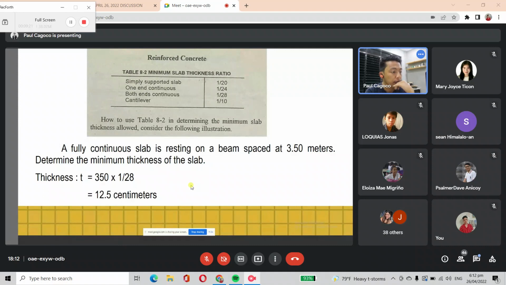That is 12.5 cm. So, that is the thickness of your slab. In millimeters, that is 125 millimeters. So, kakuha ra, how to solve the thickness of the slab?